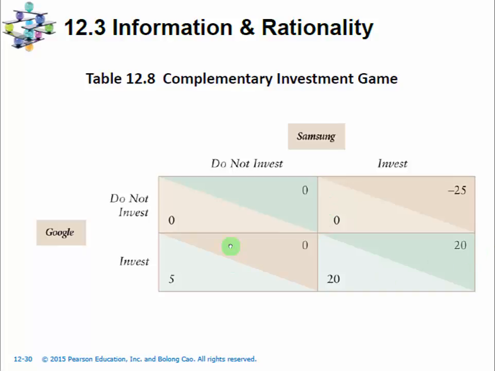If both firms invest in the new products, Google will get 20 and Samsung will get 20. That means these 2 products are complementary to each other. They will create a new market. Both firms will benefit. If neither invests, both of them will receive 0.